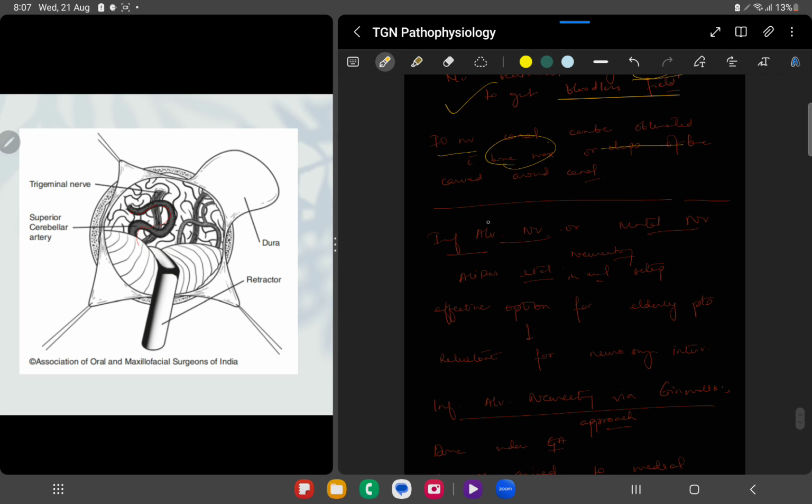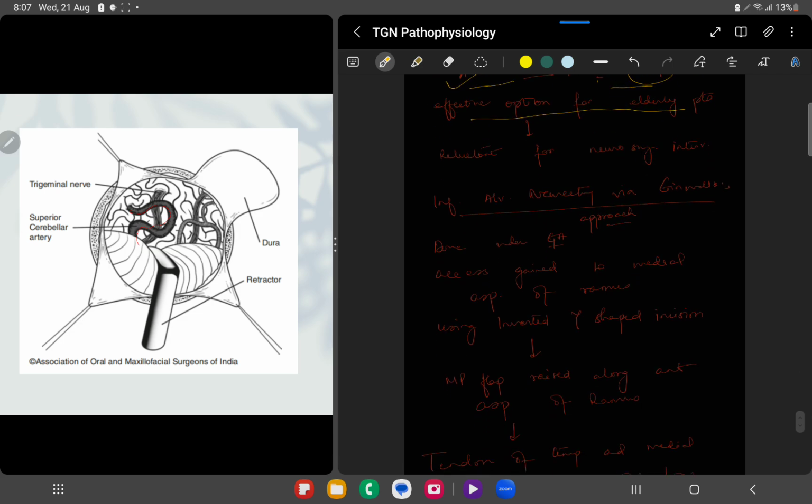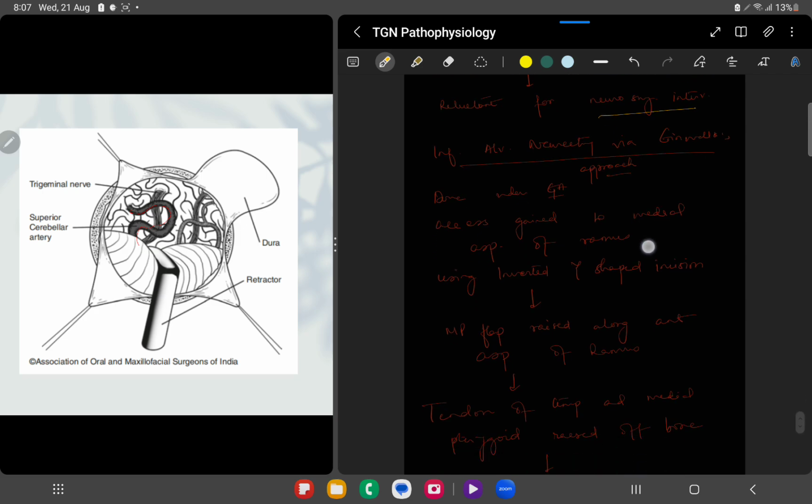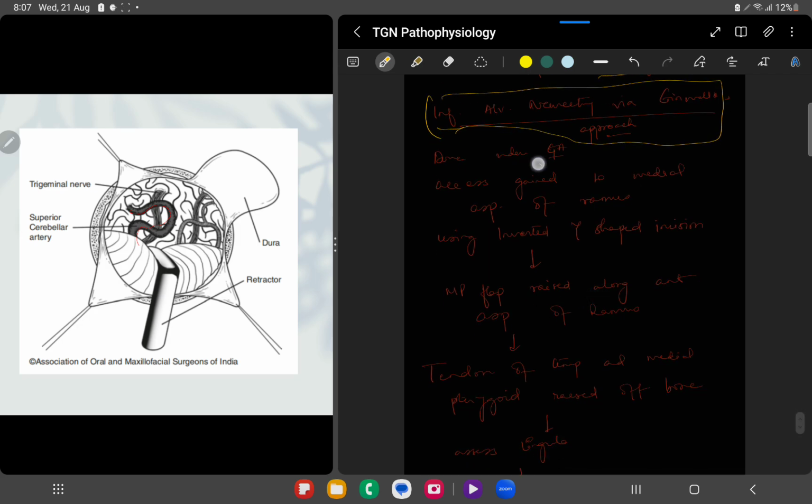Coming to inferior alveolar nerve or mental nerve neurectomy, it was described by Ali FM et al. in rural setups, and it is an effective option for elderly patients who are reluctant to undergo neurosurgical intervention, or when the expertise is not available to undergo these procedures. Then we also have another technique, the inferior alveolar neurectomy via the Ginwalla approach. It is done under GA.